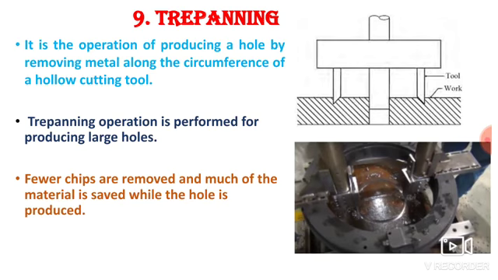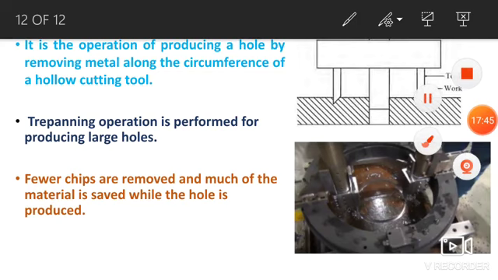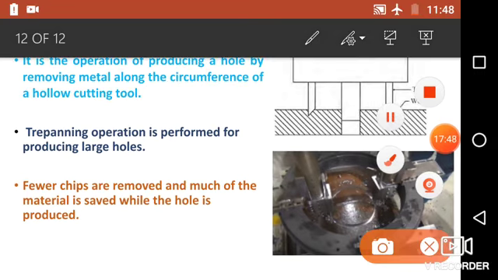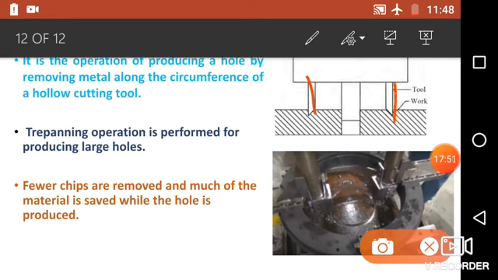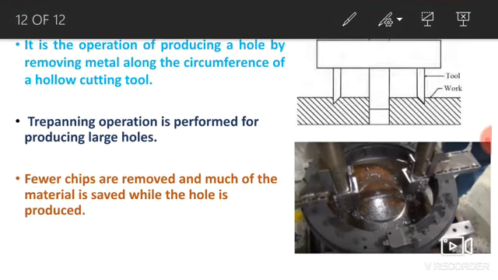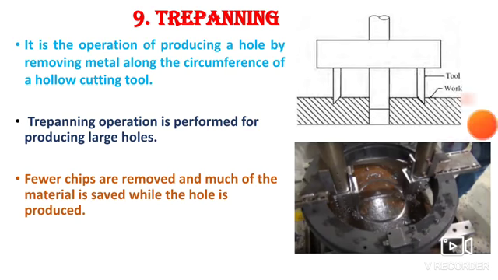Now in trepanning, this is nothing but a trepanning tool. The trepanning tool has two different cutting tools. These are nothing but the two cutting tools, and this tool moves along its periphery. Okay.